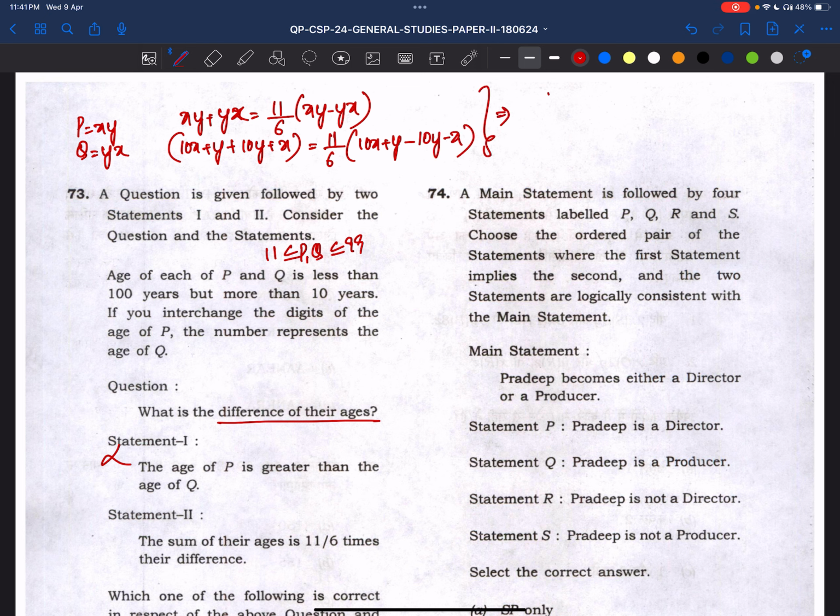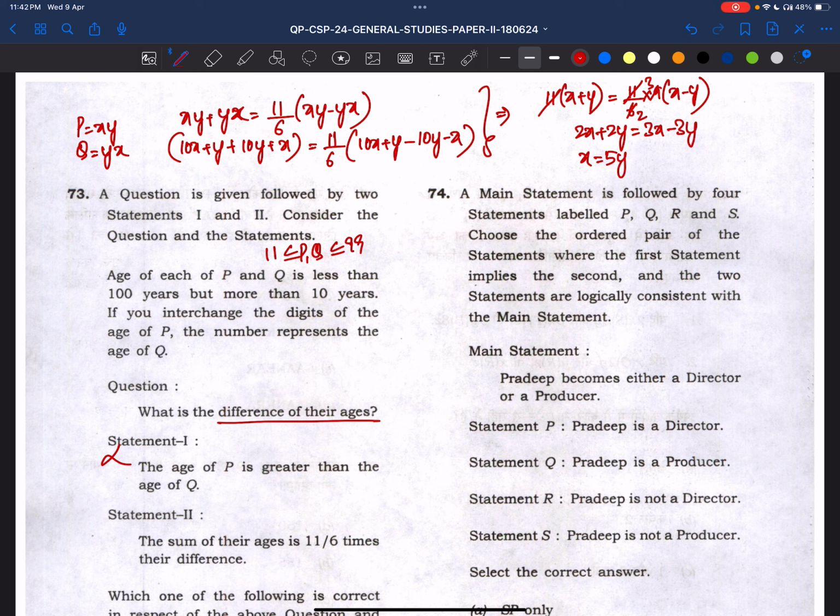So what we get? 11 times of x plus y is equal to 11 by 6 times of 9 times of x minus y. By cross multiplication, 2x plus 2y is equal to 3x minus 3y. After rearranging, x is equal to 5y.